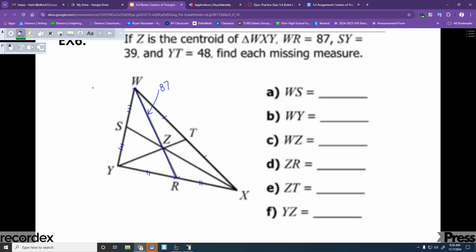SY is 39. Now, if that's 39, what else is 39? SW would also be 39 right here. And YT, this piece right here, is 48. And that is the whole thing, not just ZT.